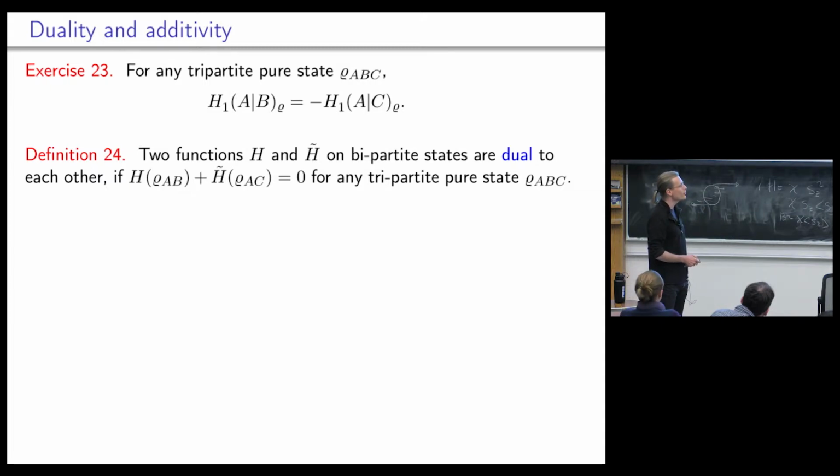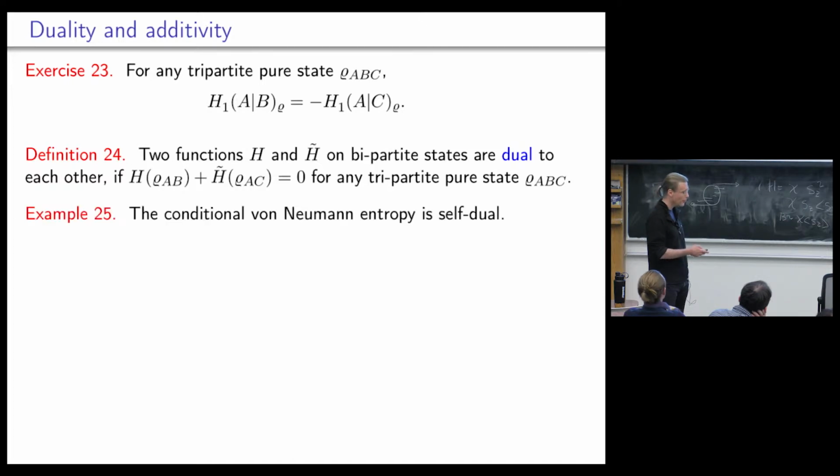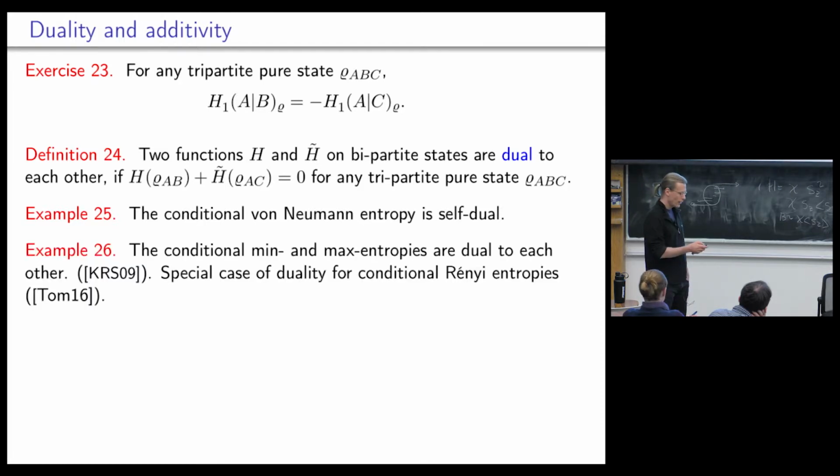So we say that if we have two functions that are defined on bipartite states, then they are dual to each other if this sum on different marginals of a pure state is always 0. Okay, so this is the same as what we have seen before. So the previous exercise shows you that the conditional von Neumann entropy is self-dual. Okay?